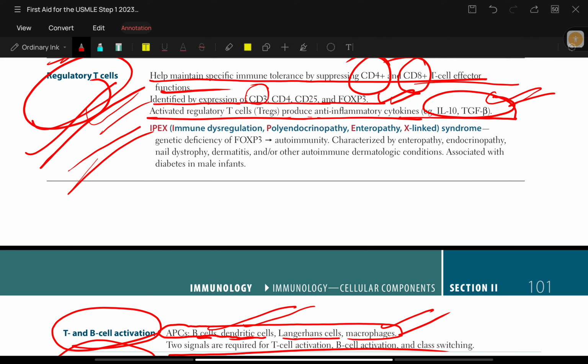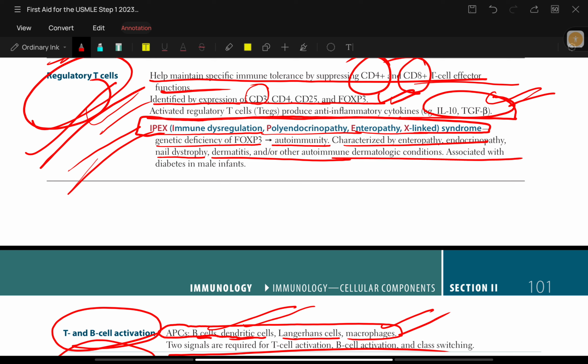Now when we talk about IPEX, that is immune dysregulation, polyendocrinopathy, enteropathy, X-linked syndrome, it is an X-linked syndrome, a genetic deficiency of FOXP3, causing autoimmunity, characterized by enteropathy, endocrinopathy, nail dystrophy, dermatitis and other autoimmune dermatologic conditions, and this is associated with diabetes in male infants.